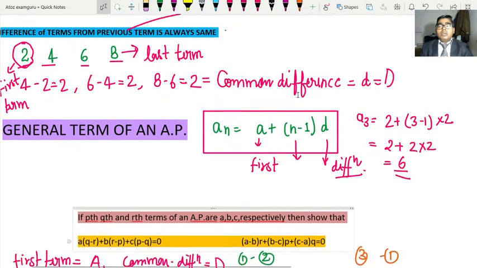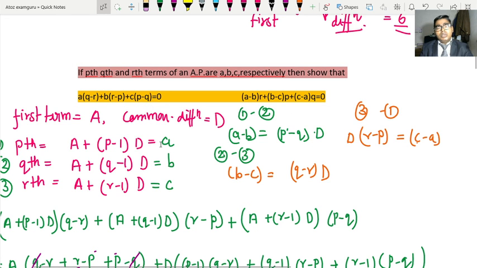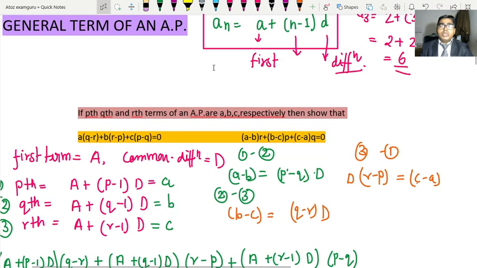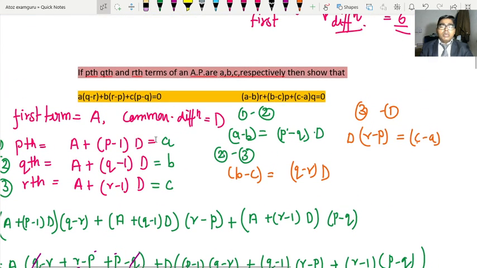So on the basis of this formula, we have approached the following questions. It is given that the pth, qth and rth terms of an AP are a, b, c, and then we have to prove the result. By using the above formula an equals a plus n minus 1 into d, we wrote these three equations, and by formatting them suitably, we put the values of a, b, c in this equation.